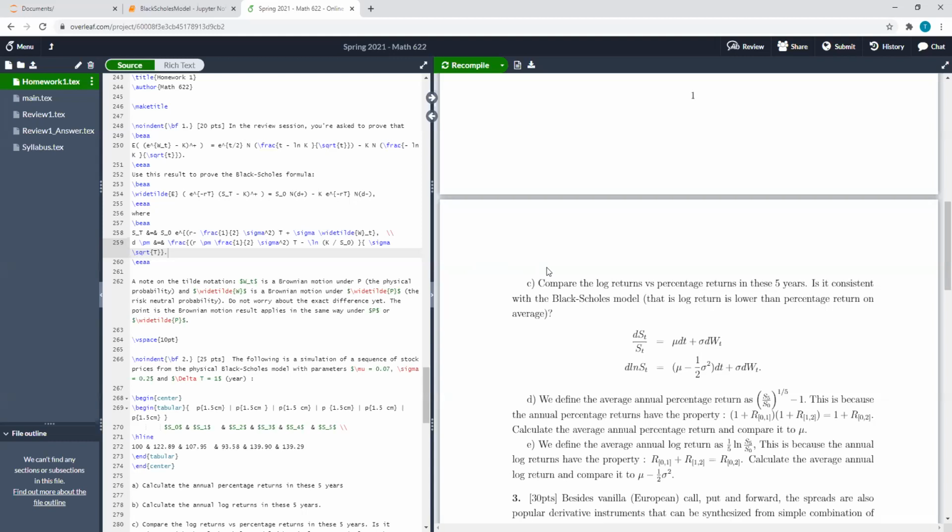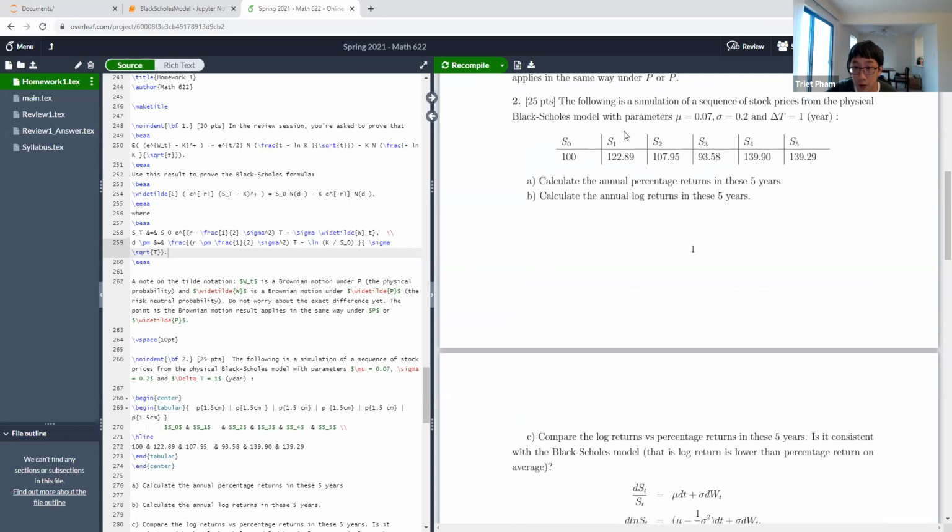I just need to use the formula you gave us directly, and it is really just calculating these values: S1 minus S0 over S0, S2 minus S1 over S1, for percentage return, right? For log return it is log of S1 over S0, log of S2 over S1, right?